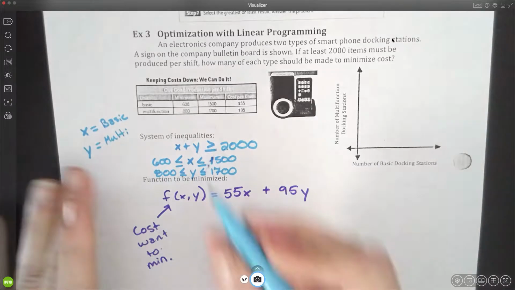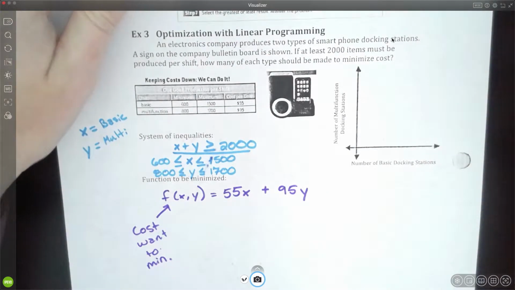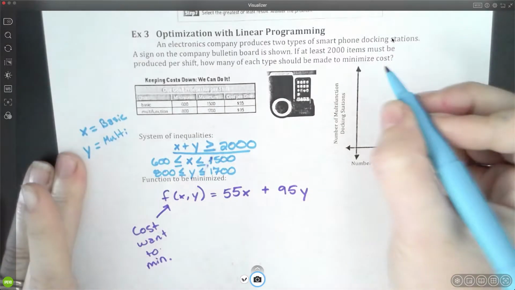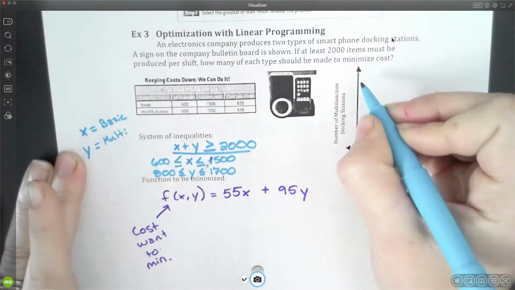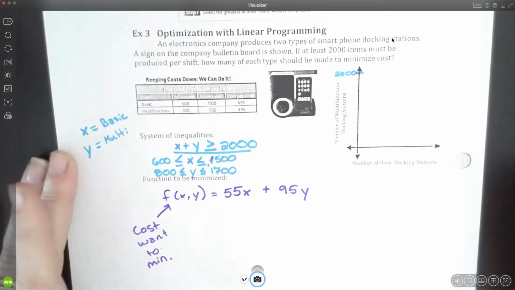X plus Y is greater than or equal to 2,000. I think 2,000 is my highest number, right? Yes, 1,700 is the second highest. So let's put 2,000 right here. Now, what would be half of 2,000?